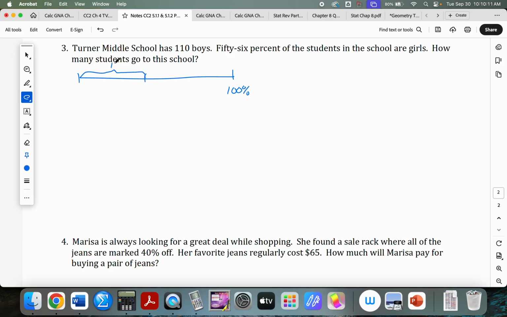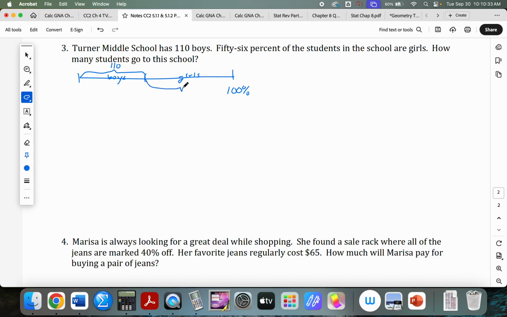So this is 110. I'm going to mark on there that this is boys. Then it says 56% of the students in the school are girls. So this is girls.